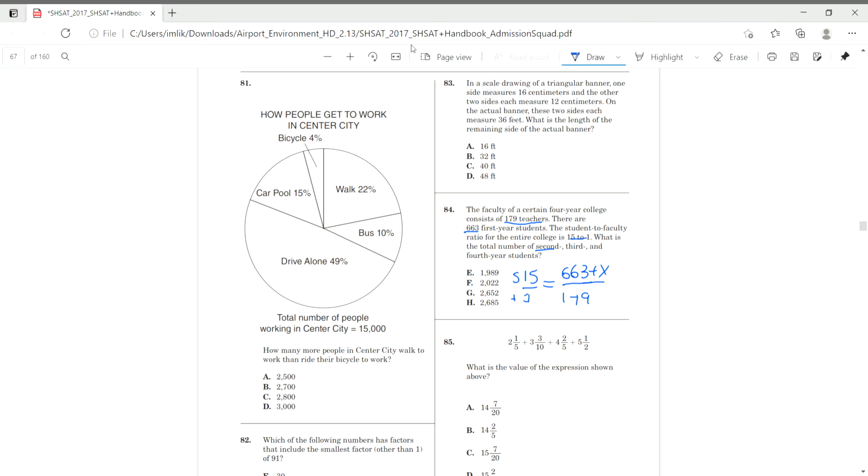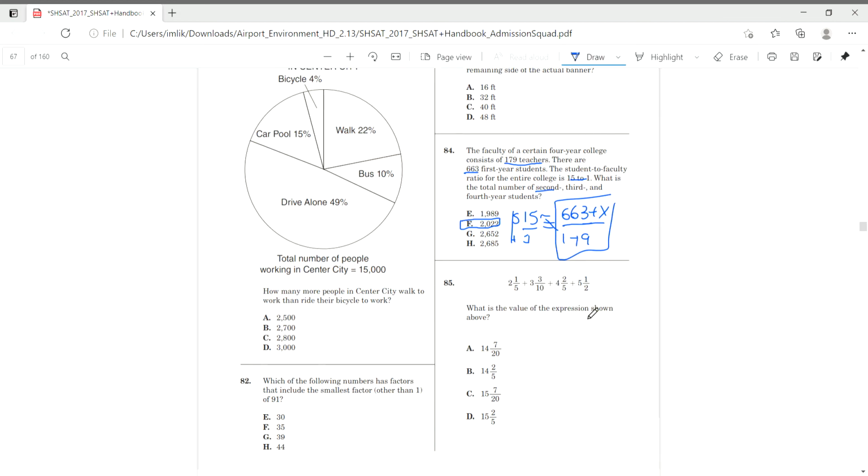And this is going to be our proportion. 15 over this entire thing is going to simplify into 15 over 1. And since they're equal to each other, we can simply cross multiply. I don't really have enough space to write it out, but we get F, which is 2022. Essentially, we set up a proportion that represented the total amount. We matched things together and we cross multiplied.